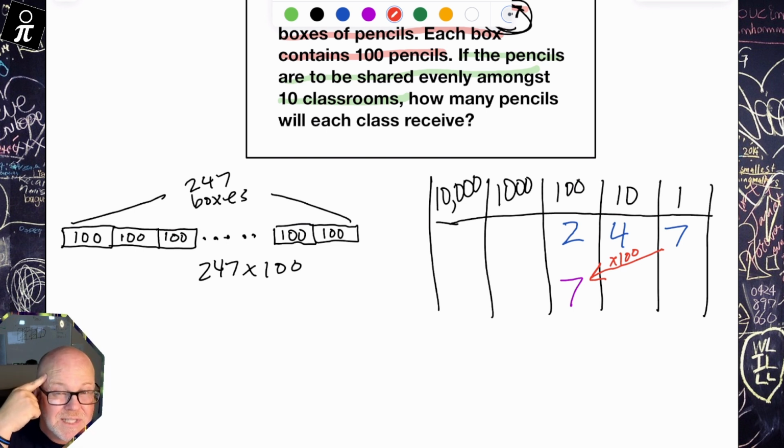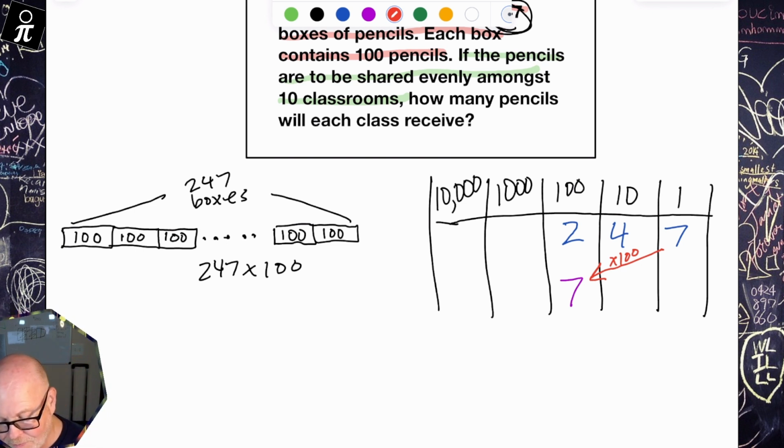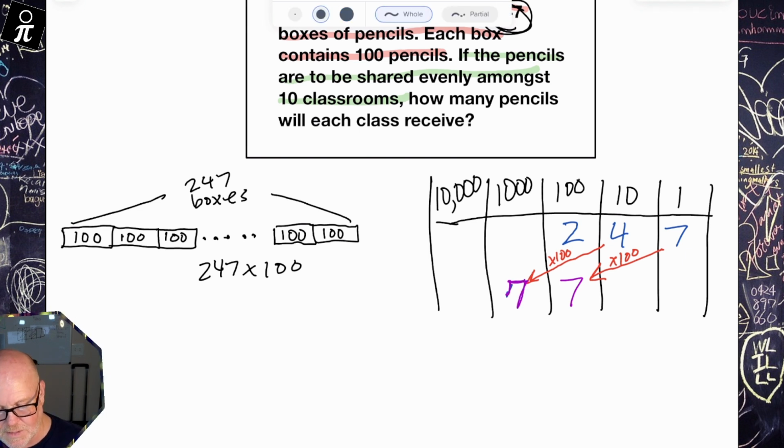We could start to see a pattern already. That means this 4 tens, when I multiply it by 100, is also going to move 2 columns to the left. Oops, I don't want a 7, I want a 4. And there we go, 4.